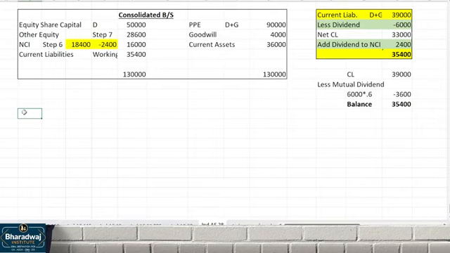Now read question number 12. Completely read question number 12, then we will solve step by step.